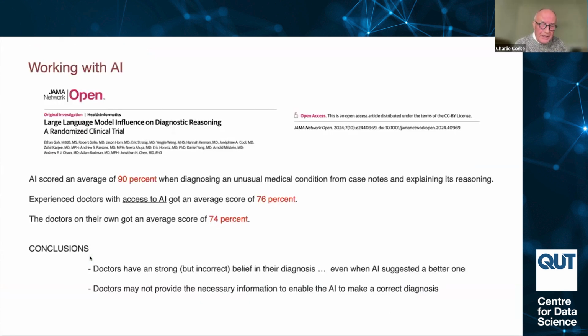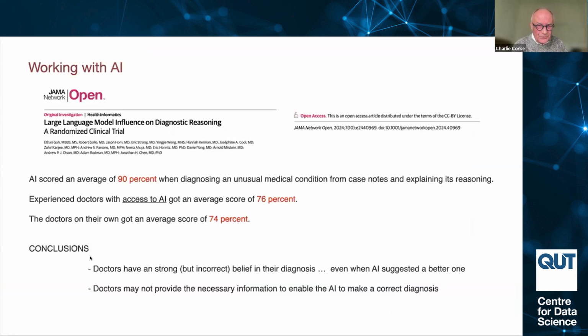There are clearly issues with integrating AI with medicine. So this was a study in JAMA recently. AI scored an average of 90% diagnosing an unusual medical condition from the patient's case notes and then explaining its reasoning. It got it right 90% of the time. Experienced doctors who had access to AI got it right 76% of the time.